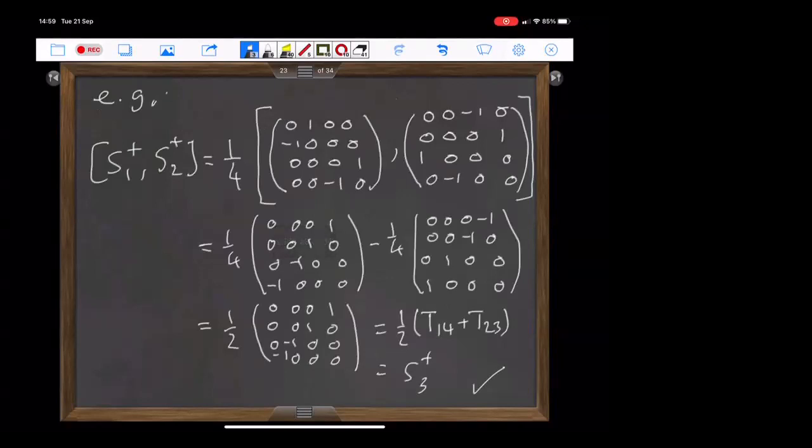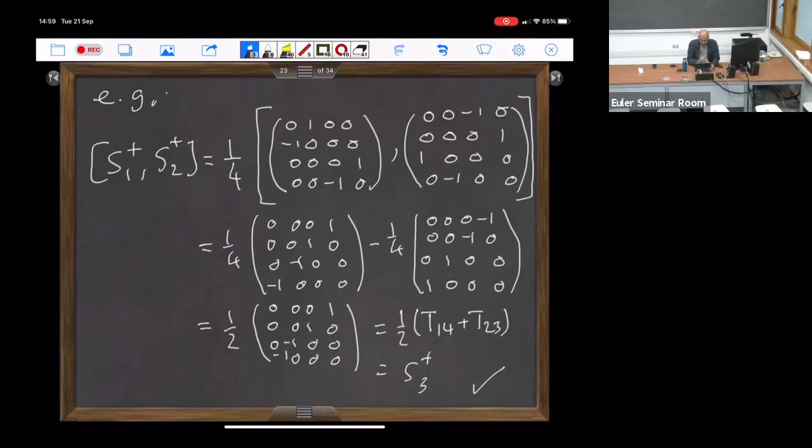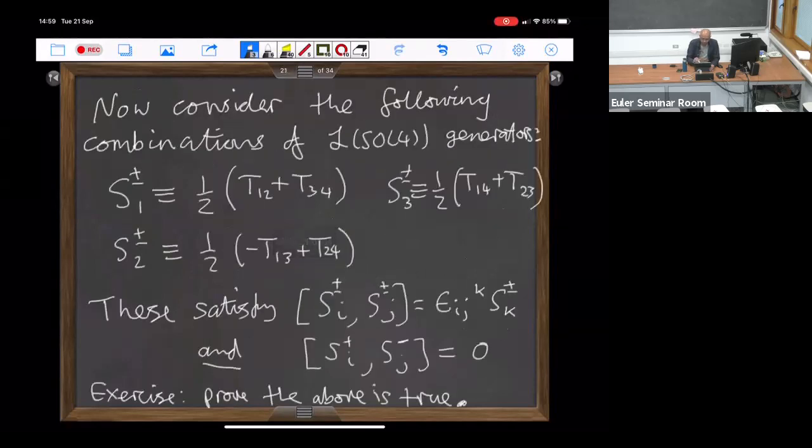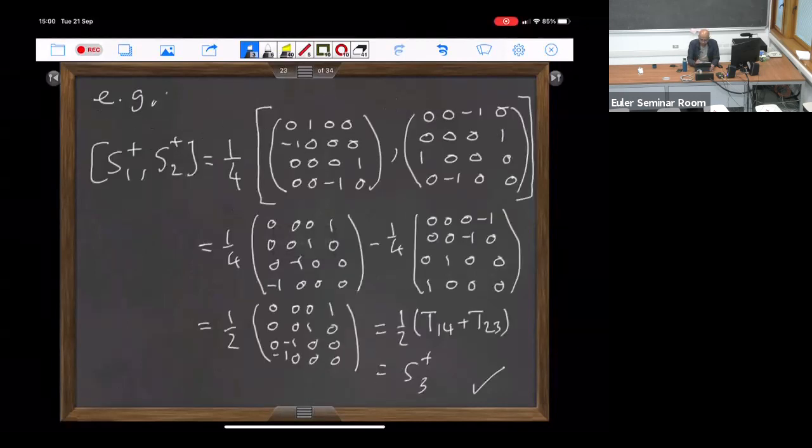Just to give you an idea, to show how this works, let's look at the commutator of S1 with S2 for the plus case. Okay, so S1 is 1/2 times the sum of the 1-2 generator and the 3-4 generator. So you see here we have the 1-2 entry and the 3-4 entry.